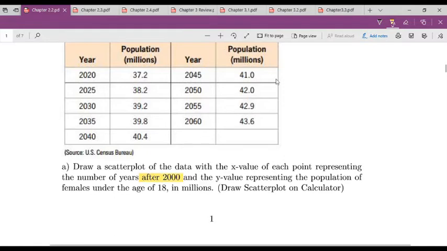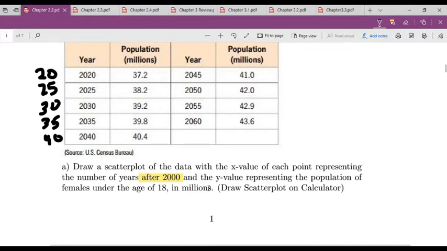So our x here, instead of typing the year 2020 in, what we'll actually wind up typing in is 20 for year 20, 25 for year 25, 30 for year 30, 35 for 35, 40 for 40, and so on and so forth. For this one it'll be 45, 50, 55, 60.